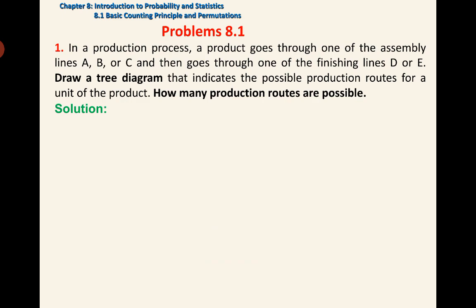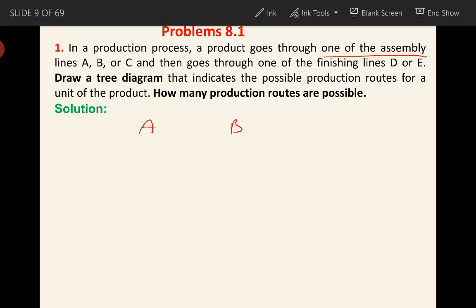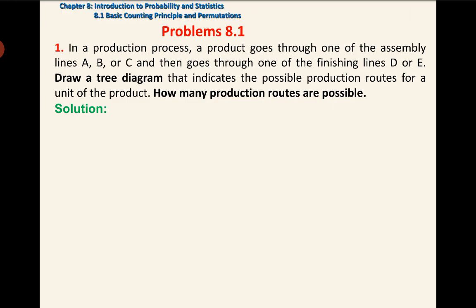In a production process, a product goes through one of the assembly lines A, B or C and then goes through one of the finishing lines D, E. Okay, we have to draw the tree. We have to draw a tree that indicates the possible production routes for a unit of the production. How many production routes are possible, right?